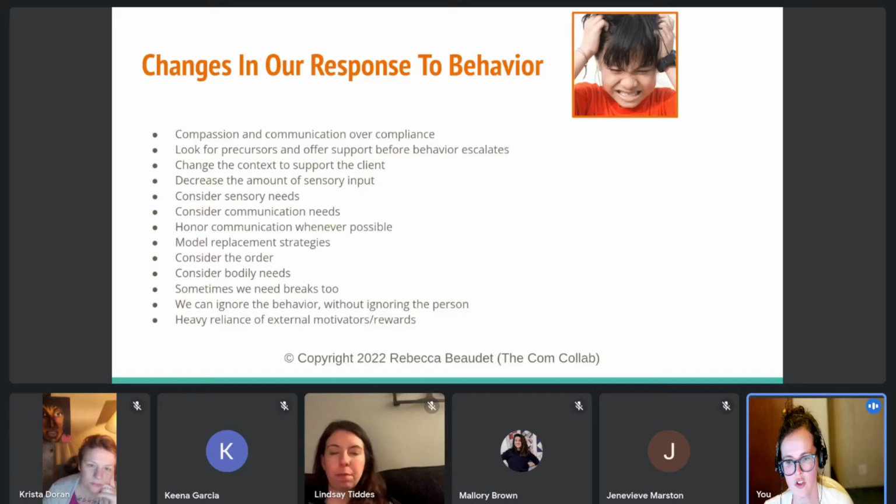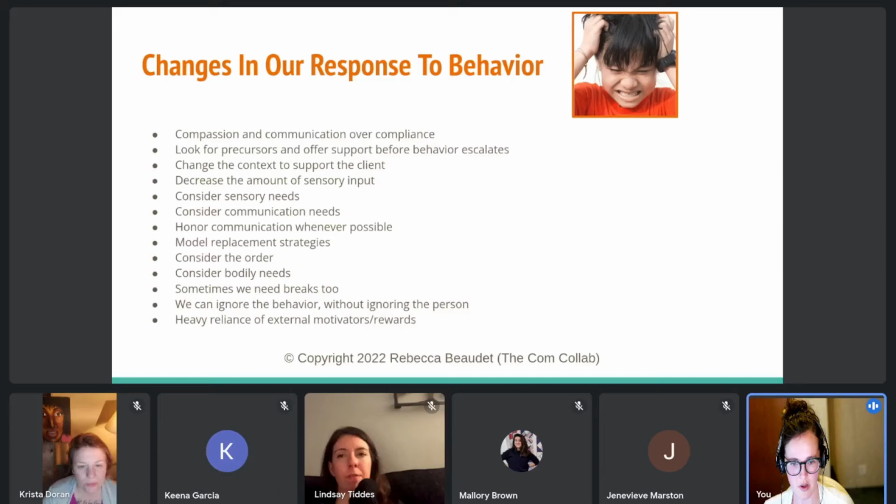Look for precursors and offer support before the behavior escalates. And if we're really doing that connecting piece when we first start working with a child or a family, we're going to know what those precursors look like because we've talked to people that already know that child or student better than us.